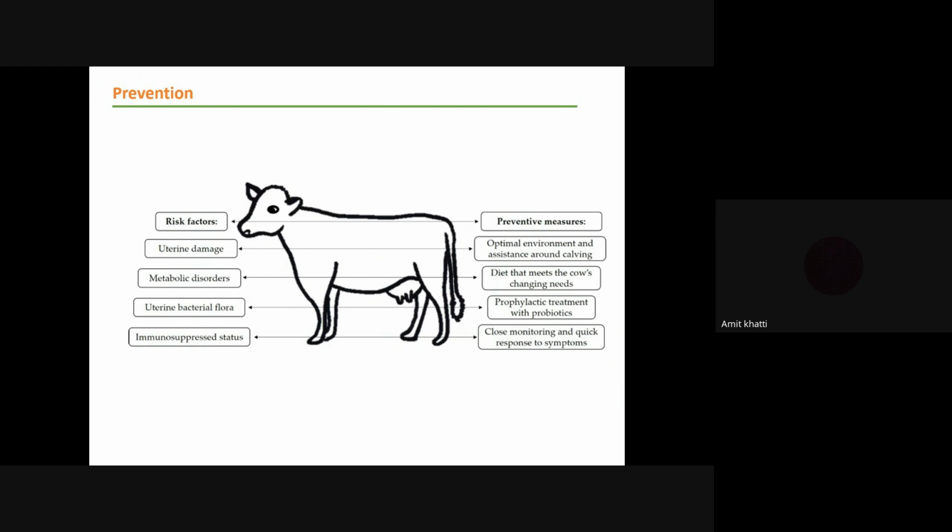Now we will discuss the final part of today's discussion. This is about prevention, because prevention is always better than managing the treatment aspect. These are the risk factors we have discussed, and if we successfully manage them by providing an optimal environment, housing, and calving assistance, making the required changes in the diet and nutritional requirements, prophylactic therapeutic management, and very close monitoring of the animal, it will be helpful in adopting preventive measures in a better spirit.